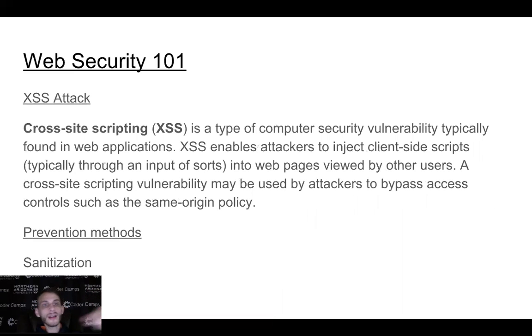Okay, another kind of attack let's talk about is cross-site scripting. Okay, and it's a type of vulnerability where a user uses some script and they put that inside of an input, and then that input is submitted and it runs. Okay, so we never want them to be able to run code in our program.